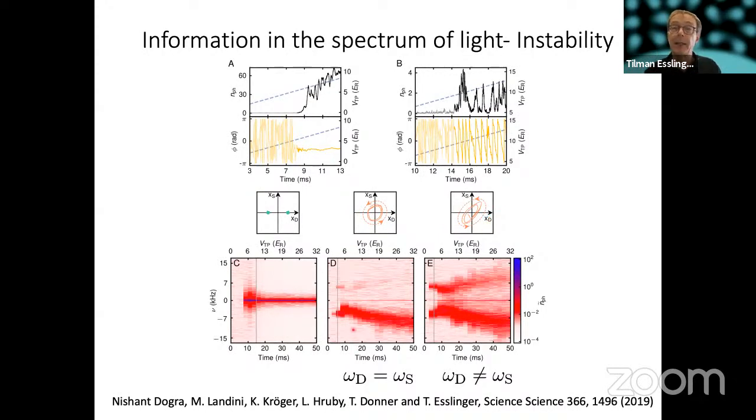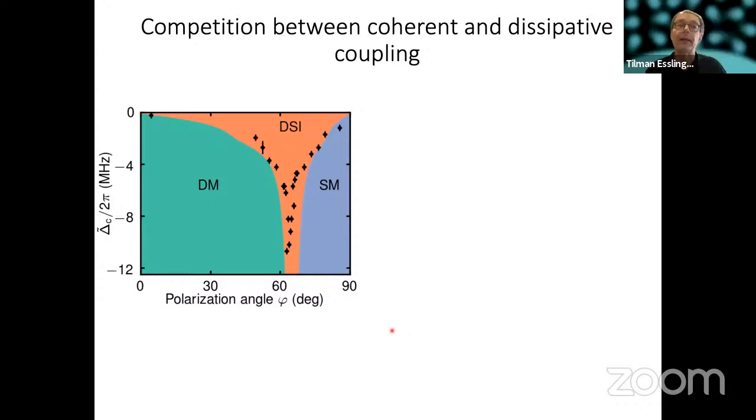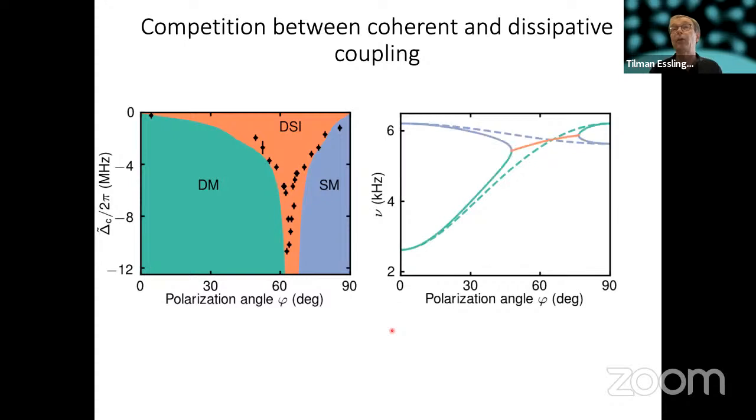And in the middle, you actually have a dissipative locking between those two modes. Then you get this phase diagram, which I briefly discussed, as a function of polarization, where you see the modes and the locking of the modes.